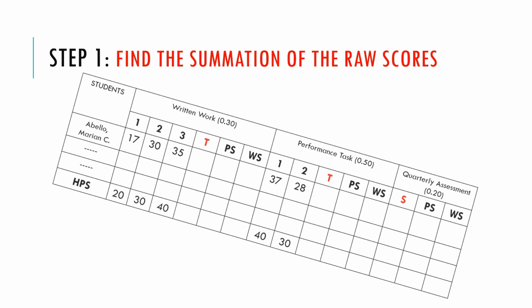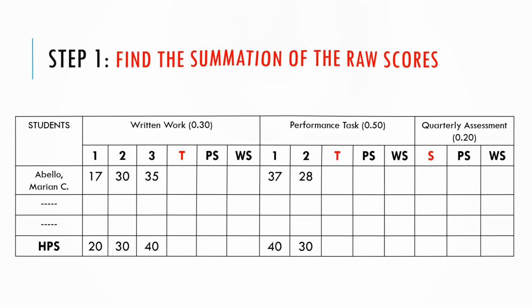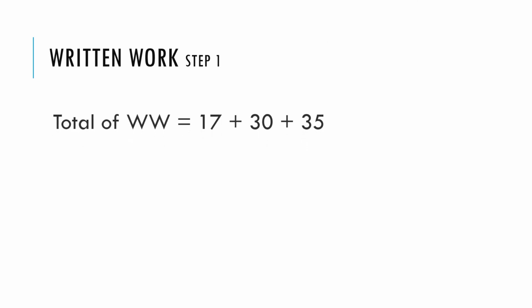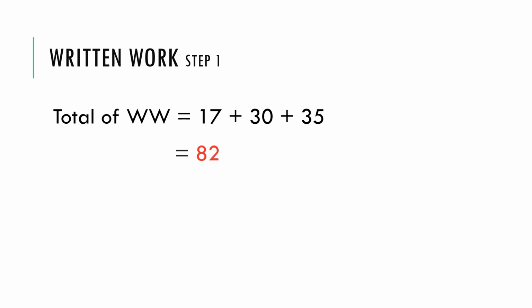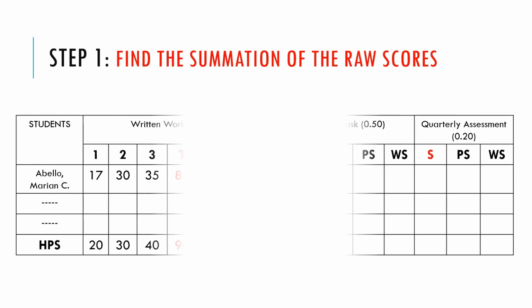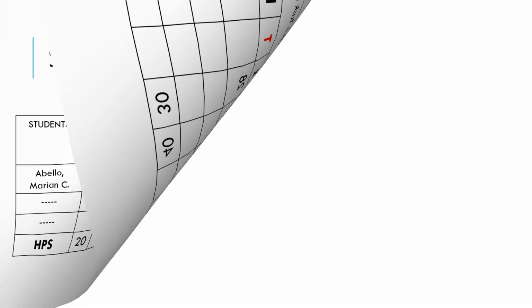Step 1 is to find the summation of the raw scores. In written work, following step 1, the total is 17 plus 30 plus 35, which is equal to 82. Hence, Abello got 82 out of 90 in written work.